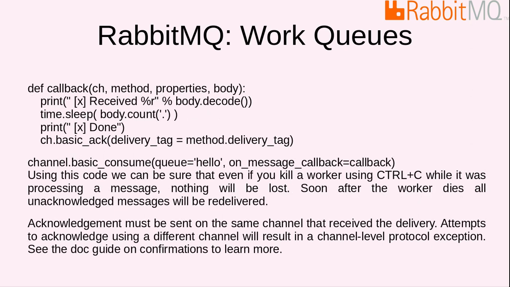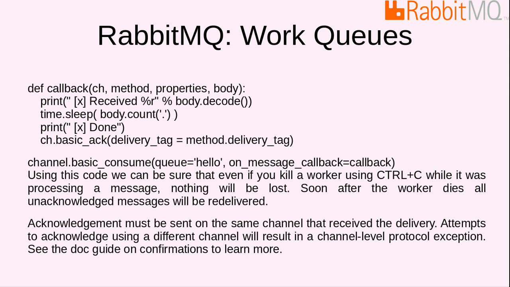Okay, let's look at a callback function. The channel.basic_consume function accepts a queue name, that is hello, and an on_message_callback parameter, which defines a callback function. Using this code, we can be sure that even if you kill a worker using Ctrl+C while it was processing a message, nothing will be lost.